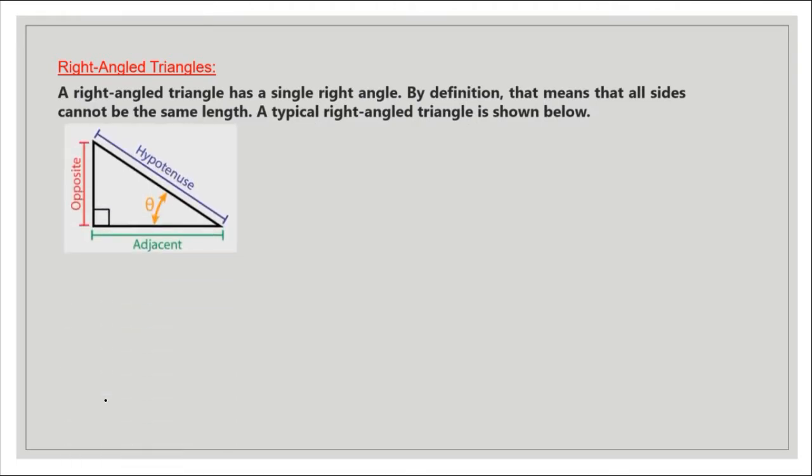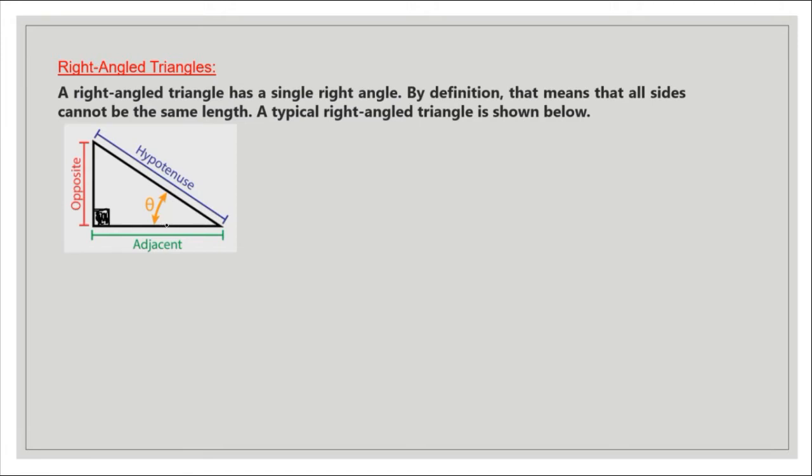You can observe there is a right angle measure mentioned at one of the vertices. This is a right angle. We mention it in this way. These two angles are acute angles. One right angle will be present in the right-angled triangle and the other two angles are acute angles.